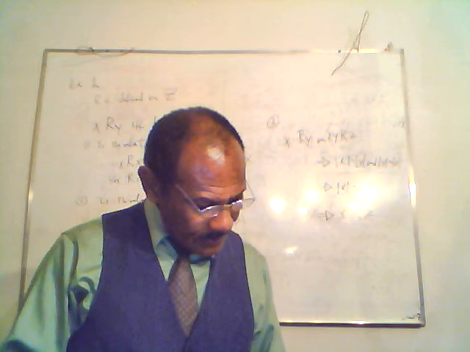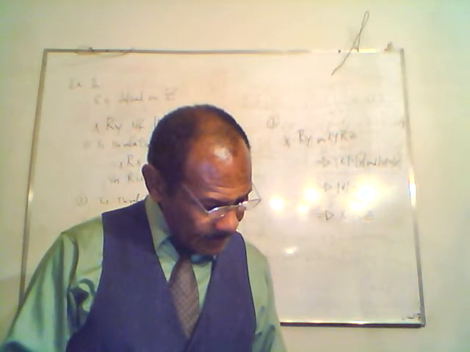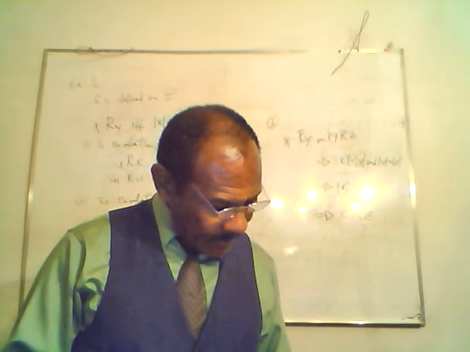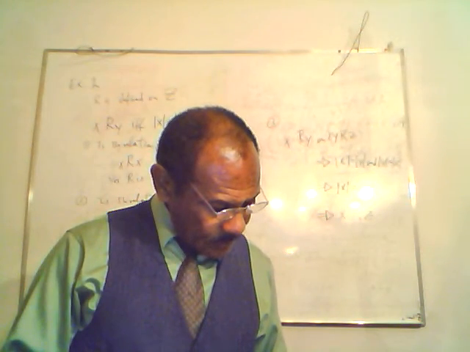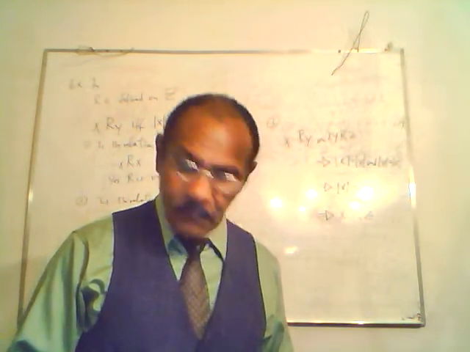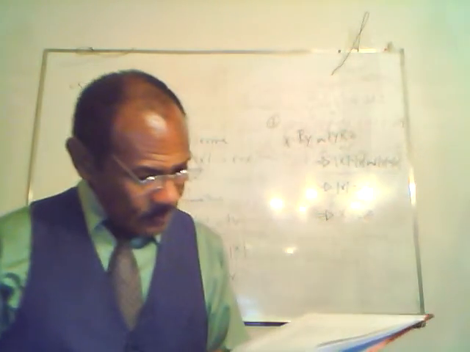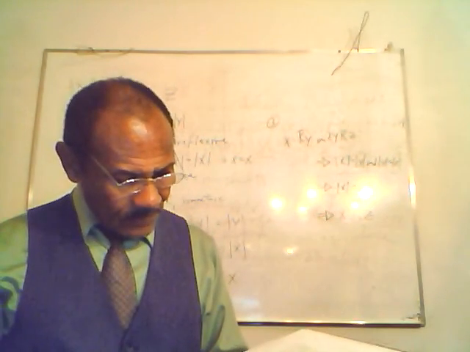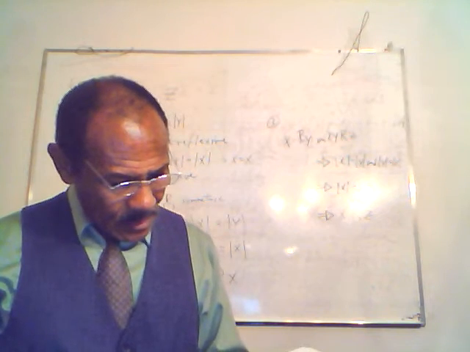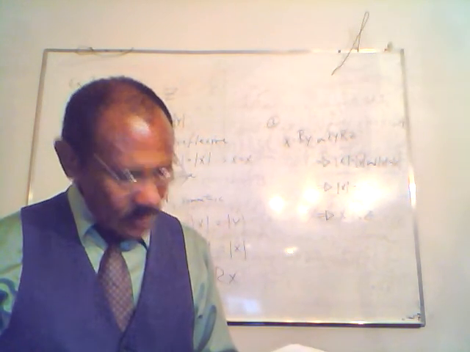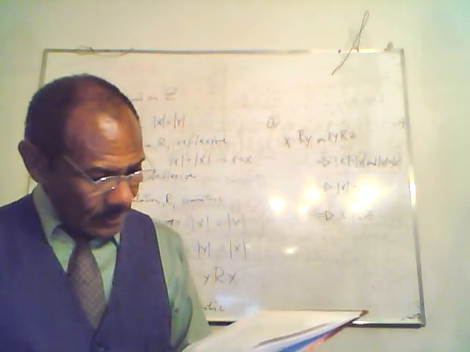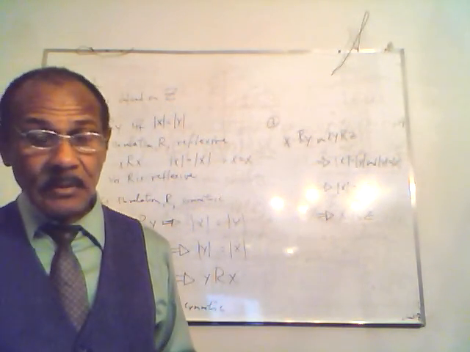And k plus m is a member of Z, which implies that x is identical to z modulo 4. Thus, congruence modulo 4 has the reflexive, symmetric, and transitive properties and is an equivalence relation on Z, the set of integers.